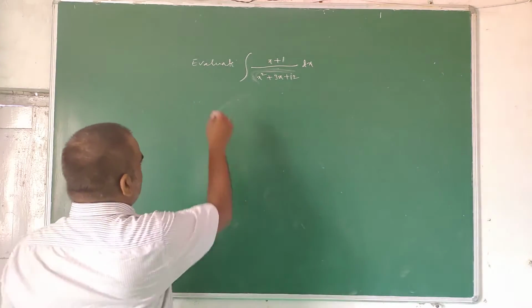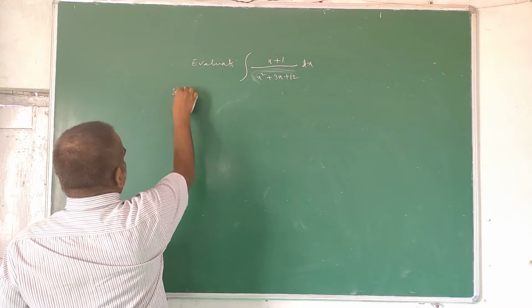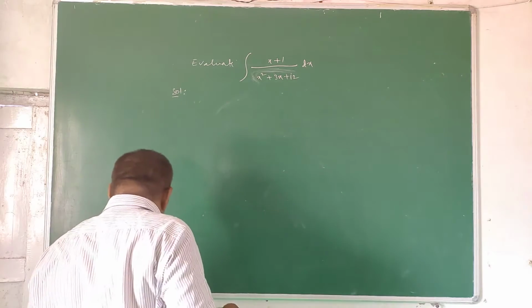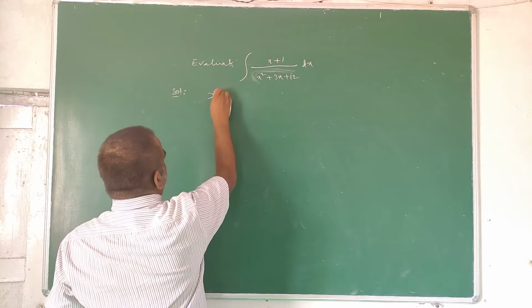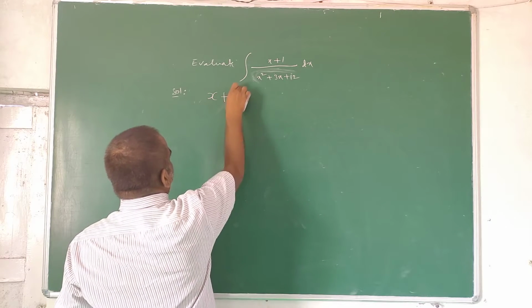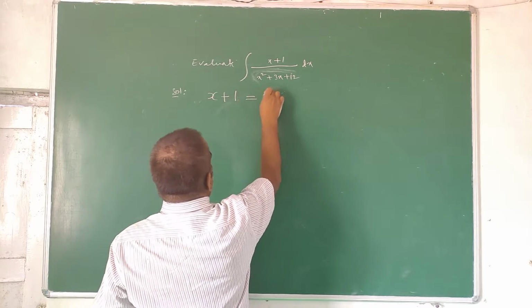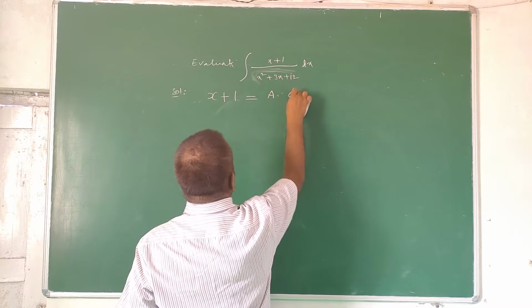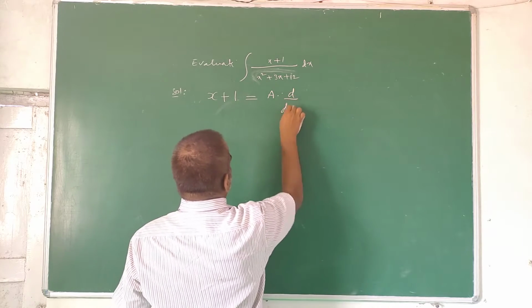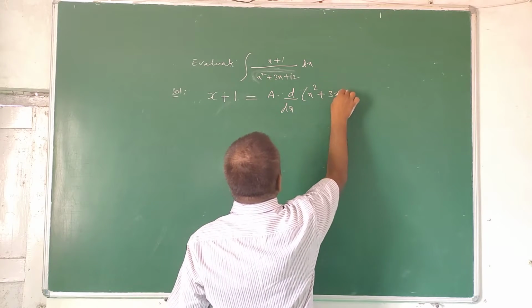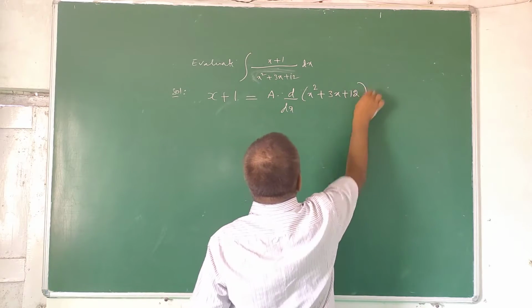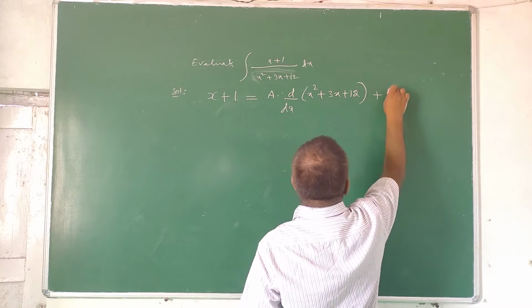Of course, first let us not take the root now itself. So now the solution. As I said in the previous context, you have to equate x plus 1 to a into d by dx of x square plus 3x plus 12, plus b.